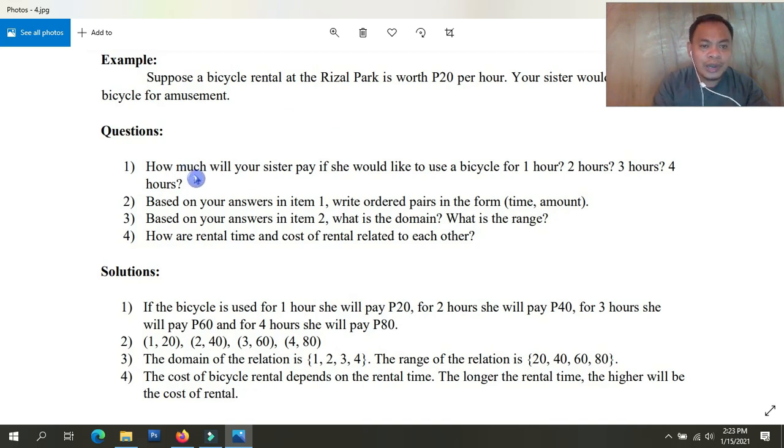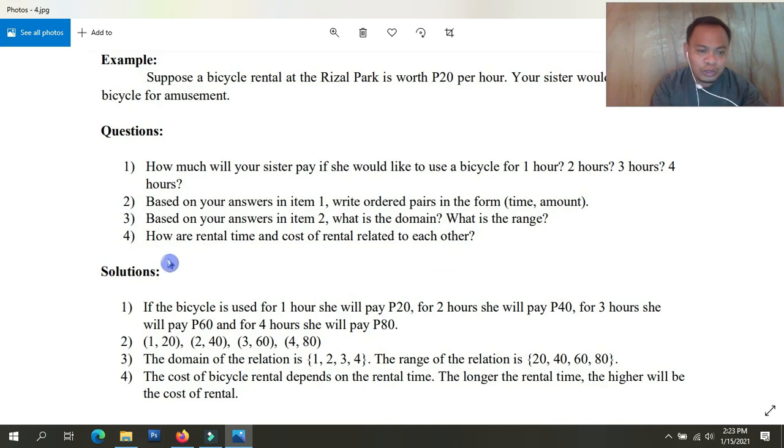So the question is, how much will your sister pay if she would like to use a bicycle for 1 hour, 2 hours, 3 hours, and 4 hours? For number 2, based on your answer in item 1, write ordered pairs in the form of time and amount. And number 3, based on your answers in item 2, what is the domain, what is the range? And for number 4, how are rental time and rental cost related to each other?